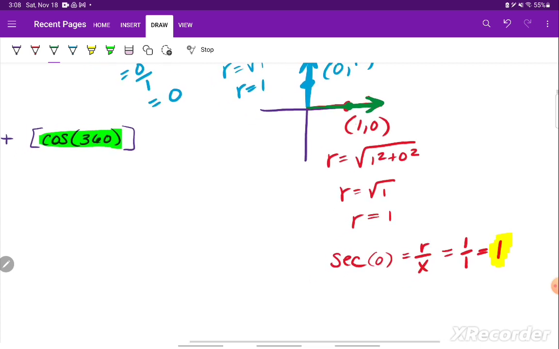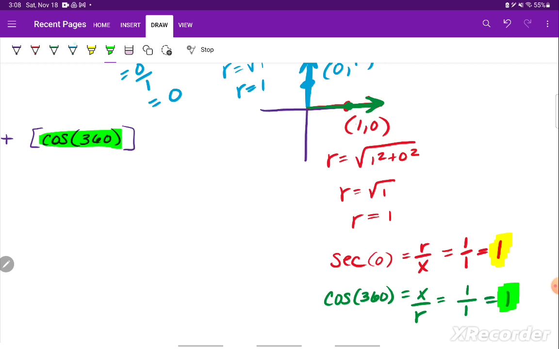I can use this information right here to find cosine of 360 degrees. It's going to be x over r. That's going to be 1 over 1, which is 1. Substituting that in.